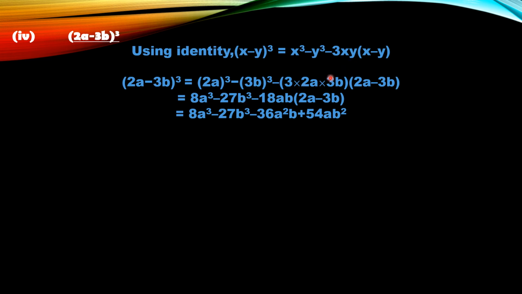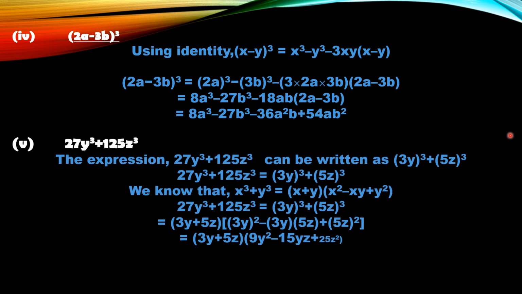Then 3xy, 3 into 2a into 3b will be 18ab, and x - y is 2a - 3b. When we multiply this bracket with 18ab and open this, we will get -36a squared b + 54ab squared. This is the answer of this question.